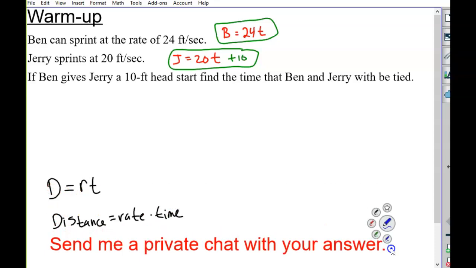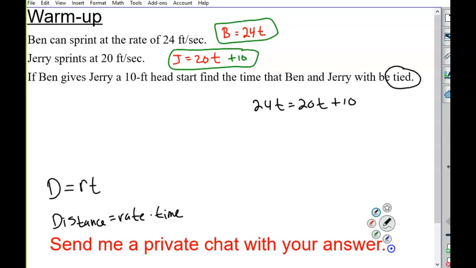But what we're looking for here is to find the time that Ben and Jerry will be tied. Equal spot, equal distance. So when are their distances going to be equal? That's when you set their equations equal to each other.